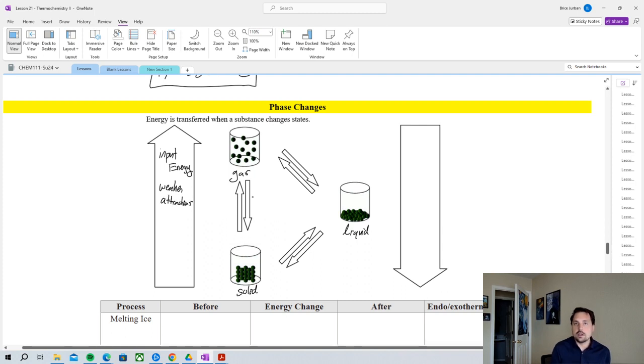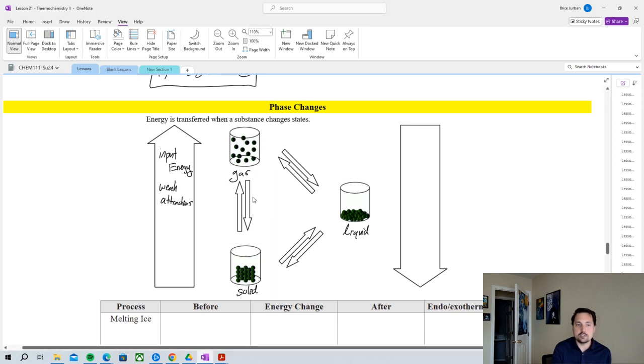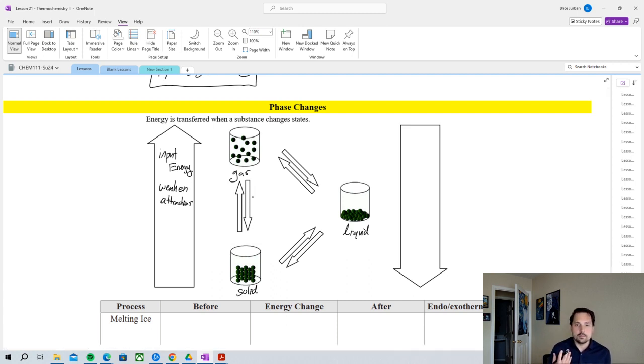So these can be covalent bonds, or in this case, since we're looking at phase changes, we're not actually breaking any bonds. We're just breaking intermolecular attractions, which would be those intermolecular forces we talked about: dipole-dipole, dispersion forces, and hydrogen bonds.